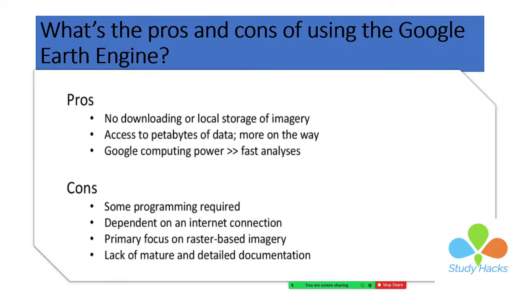When your internet connection is slow, Google Earth Engine is also slow. It will work, but slowly. It primarily focuses on raster-based imagery, and it lacks mature and detailed documentation. But when you complete this full 7-day course, you will get all of the detailed documentation, and you can work with the Google Earth Engine platform very quickly and efficiently. I also provide you all of these things.